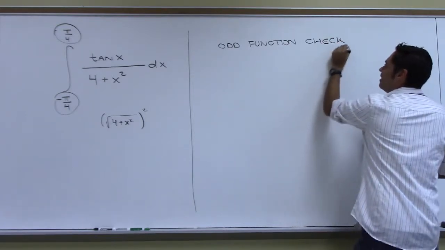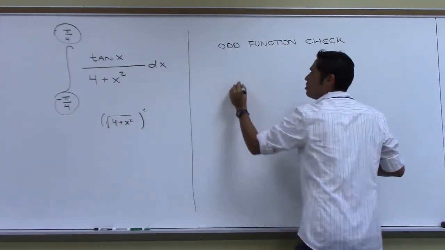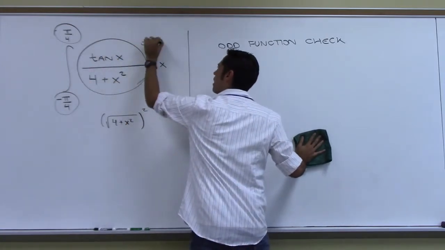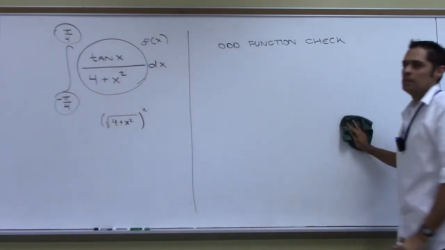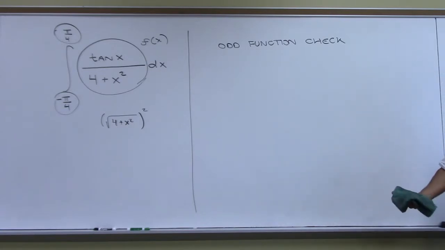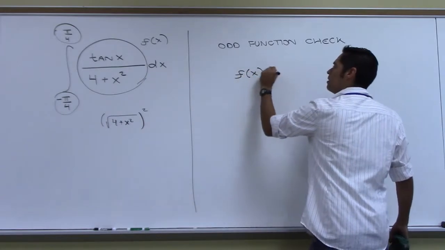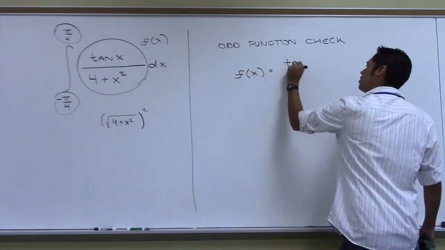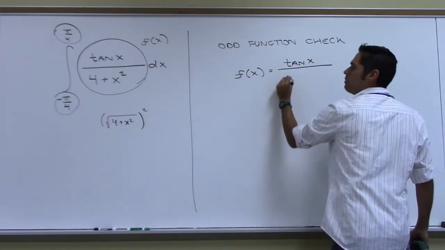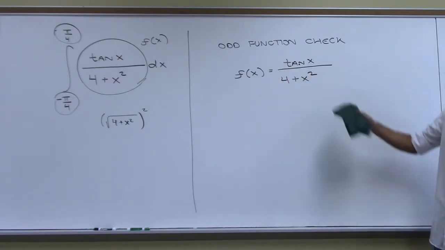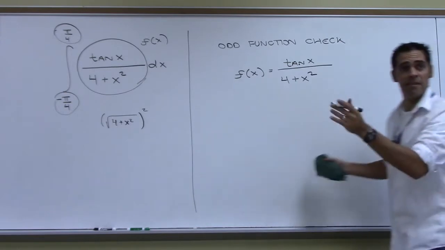All right. Odd function check here. This is the integrand, right? That's what I'm looking at as little f of x. Is little f of x odd? So let's just write down this function: tangent x over 4 plus x squared. And I'll remind you of what it means to be odd.